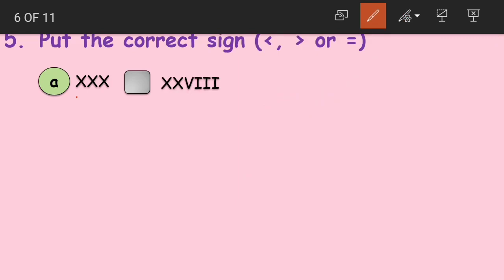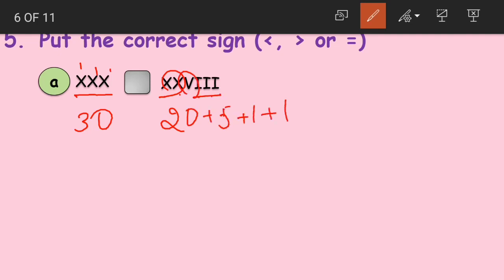Okay, we'll start solving the questions now. First one is XXX. 10 plus 10 plus 10, which is equals to 30. Now XXV triple I. XX is 20. 20 plus V is 5. And I means 1 plus 1 plus 1.